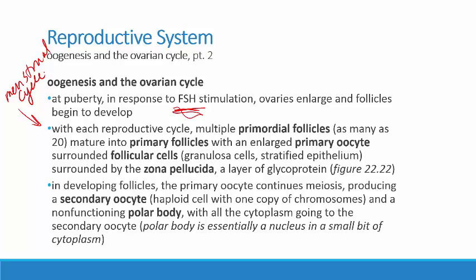So with each menstrual cycle, multiple of these primordial follicles will mature into what are called primary follicles that have an enlarged primary oocyte inside of them. So here's our primary oocyte, and it will be surrounded by these follicular cells.